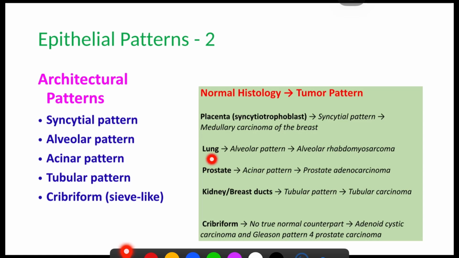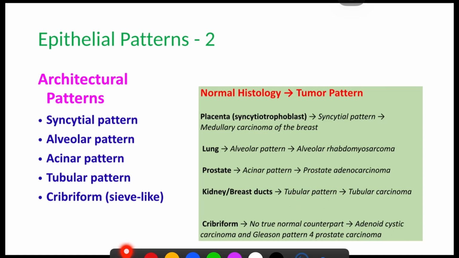Acinar pattern. Normally the prostate shows small acini in normal histology, and prostatic adenocarcinoma also shows this acinar pattern. The acinar pattern is also present in some endocrine glands like the pituitary, as well as in the pancreas. Kidney shows tubular pattern.